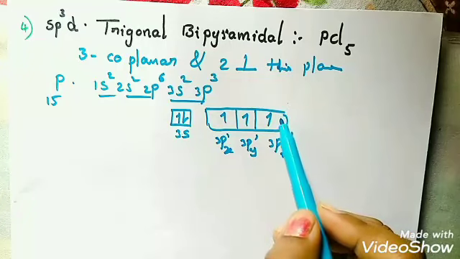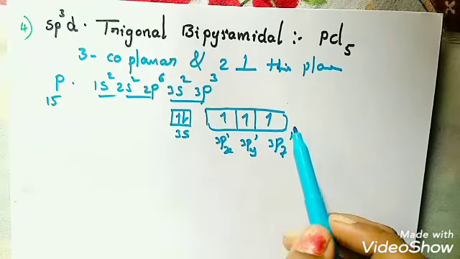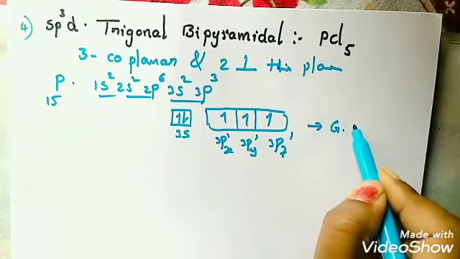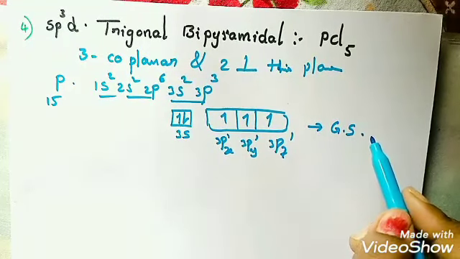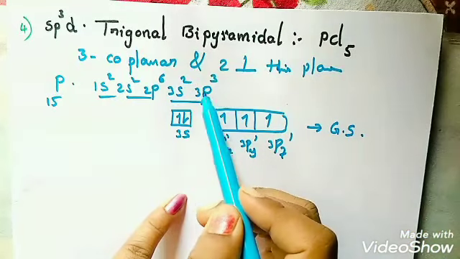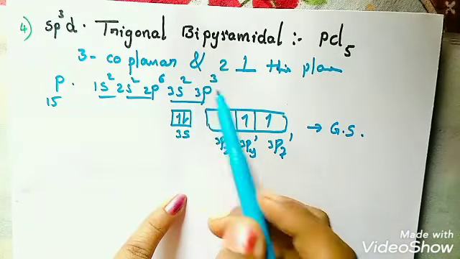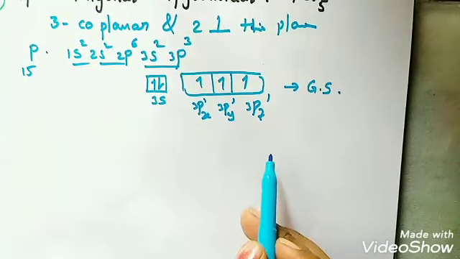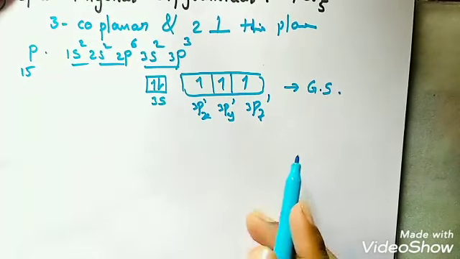So students, this is the ground state electronic configuration. So in PCl5, the phosphorus valence electrons are 5. So students, it is ready to form 5 bonds with chlorine.